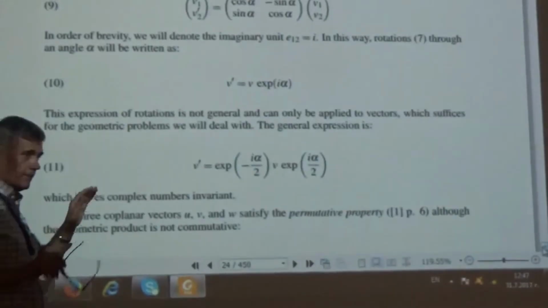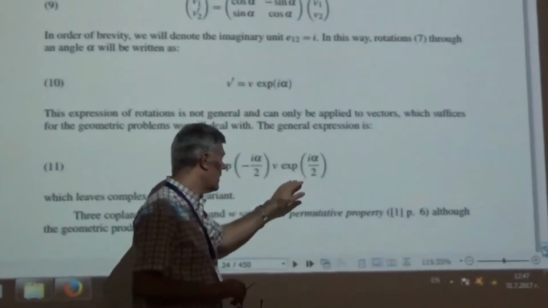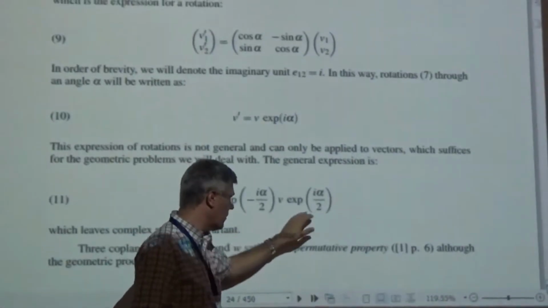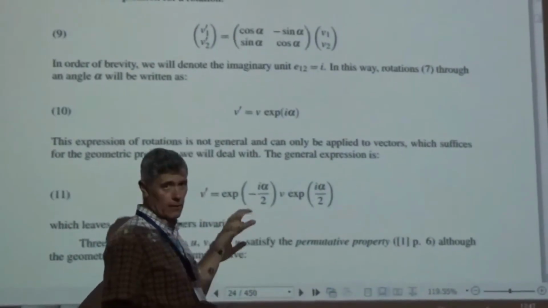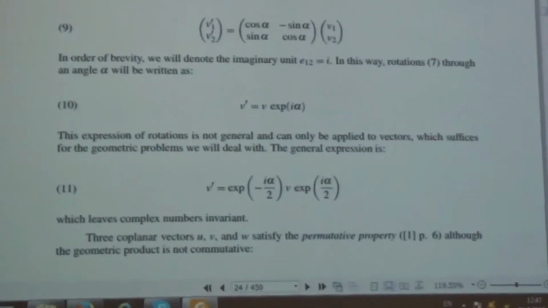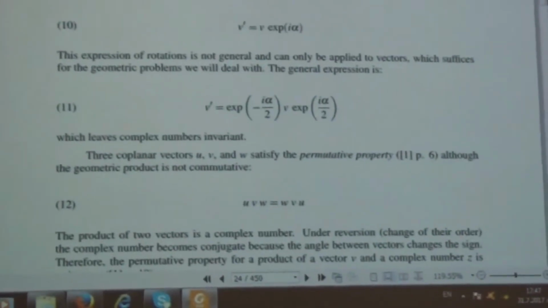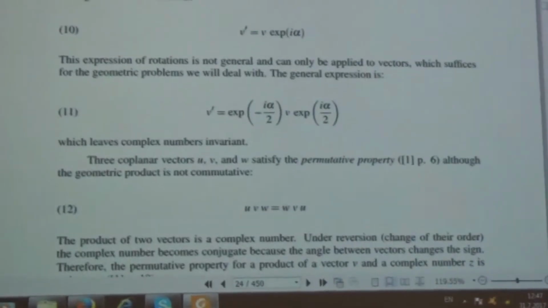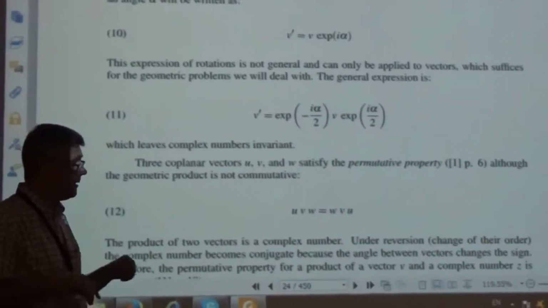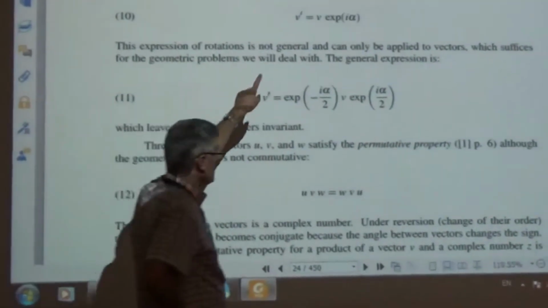In fact, we have here a complex number and its inverse, so we do not need a unitary condition with this expression. This expression gives rotations, and for many calculations in the plane in geometric algebra, it is easy to use this expression.